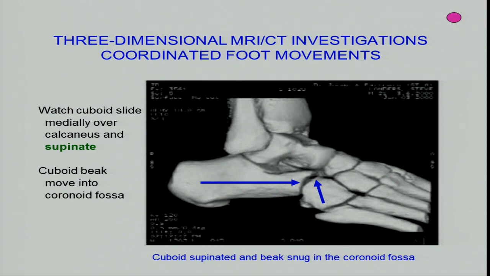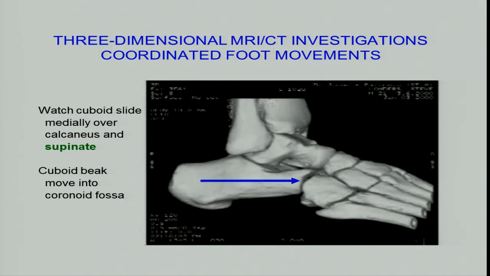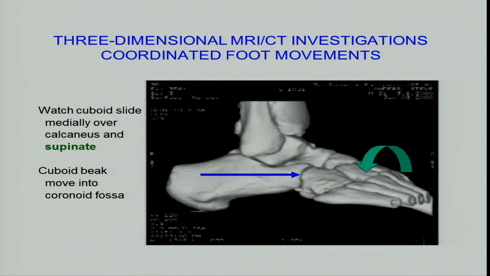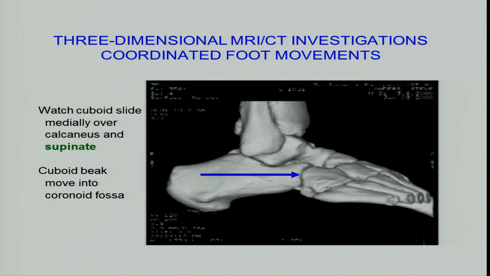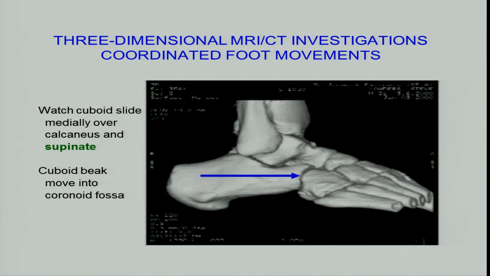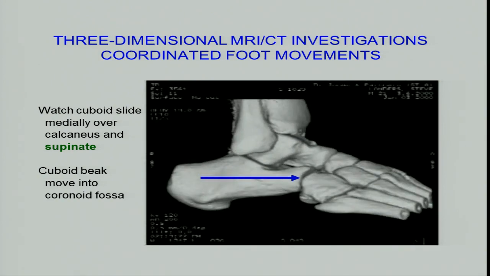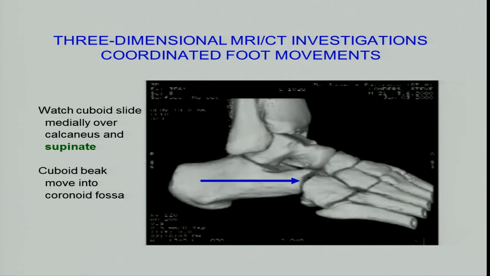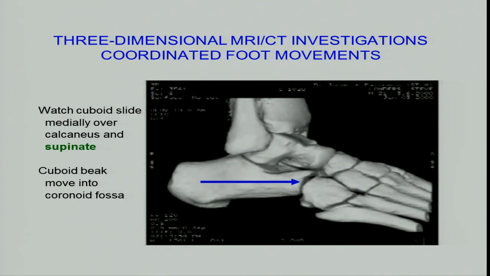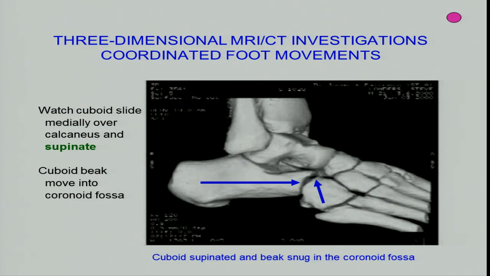Is that all right? Go back again. Pronated midfoot. It's going to supinate and angle outwards, the lateral swing movement. The cuboid swings medially and its beak goes into the coronoid fossa.